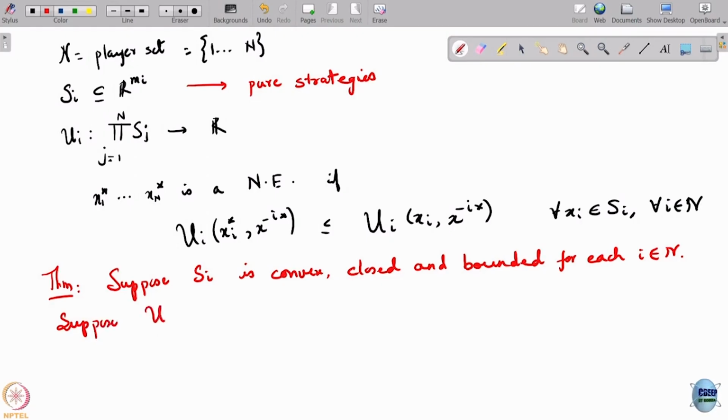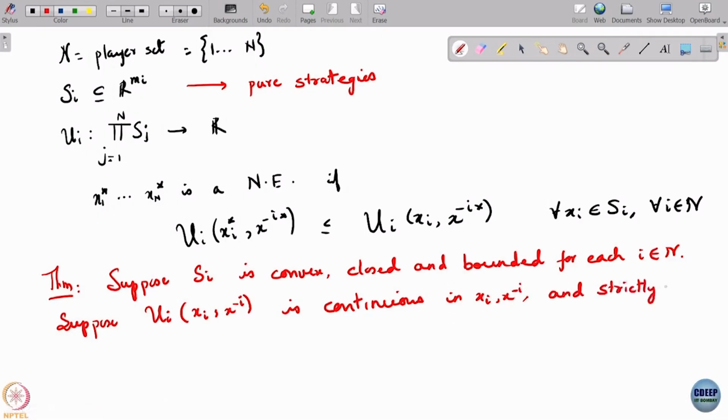suppose u_i, I am going to view u_i as a function of x_i for each x_{-i}. So, u_i(x_i, x_{-i}) is continuous in (x_i, x_{-i}) and strictly convex in x_i for each fixed x_{-i}.